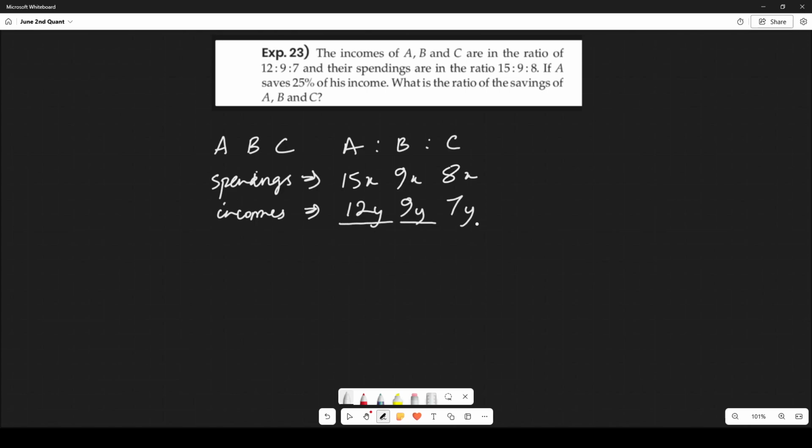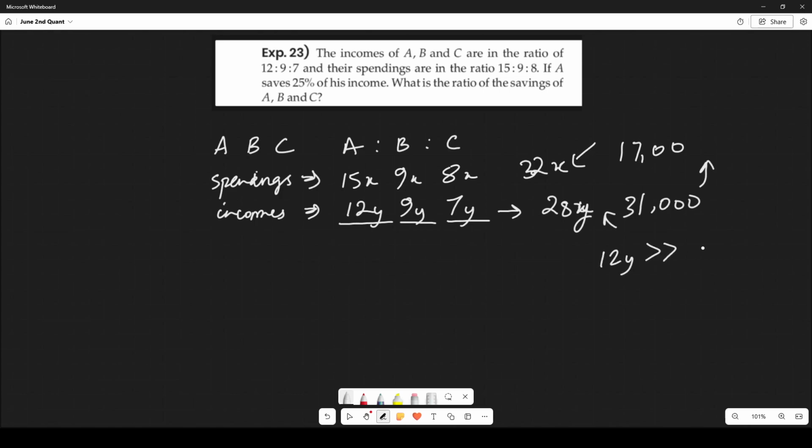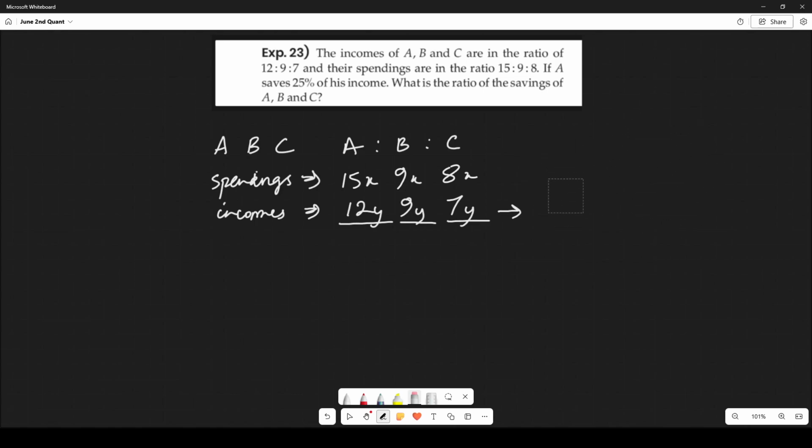These are actually just parts of a whole. So when you add these three, you get 28y, and here we get 32x. When you find the value of x and y, these are going to be much larger numbers, so 12y is going to be much bigger than 15x. So don't get confused with all these direct numbers. We're dealing with ratios here, which is completely different.